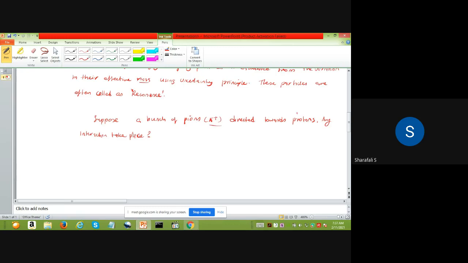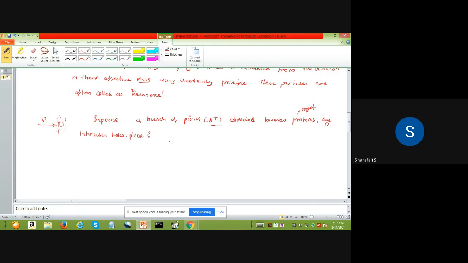The protons are the target material. When they come and hit these protons or approach these protons, will any interaction take place? That is the question.